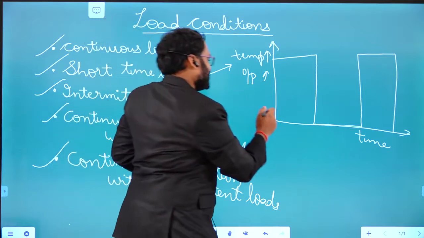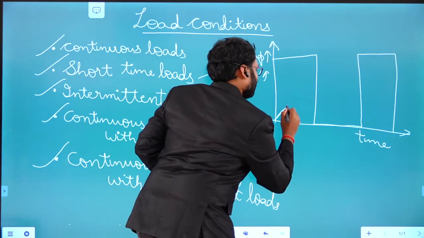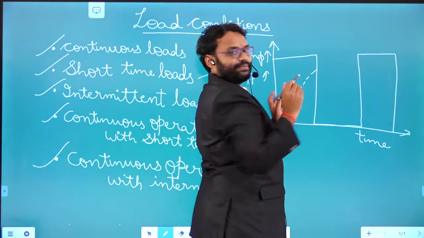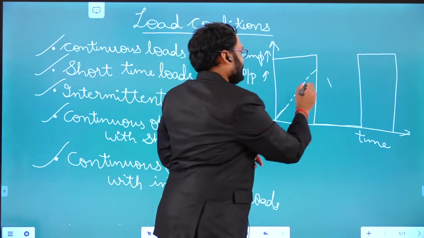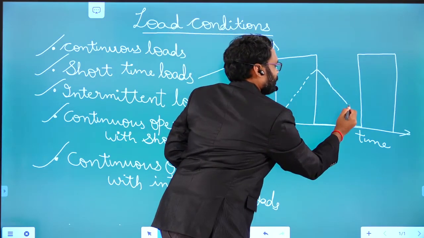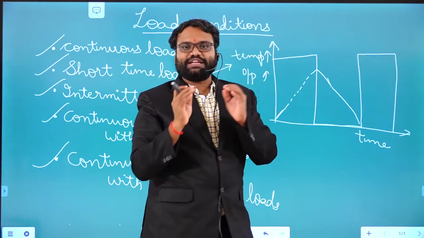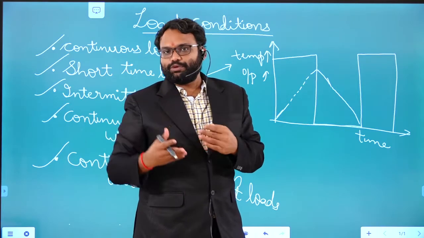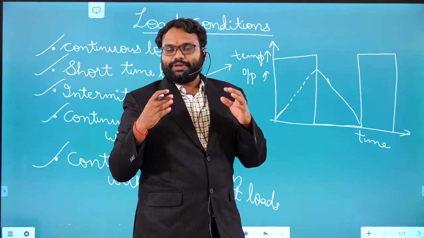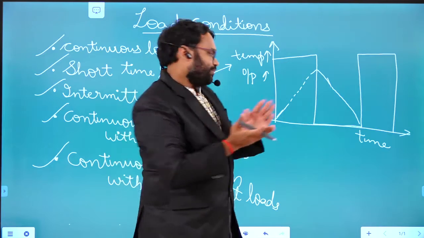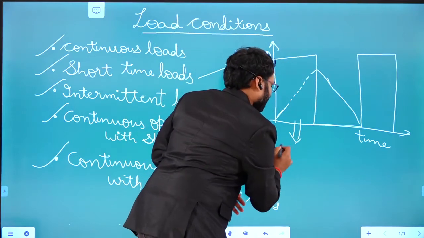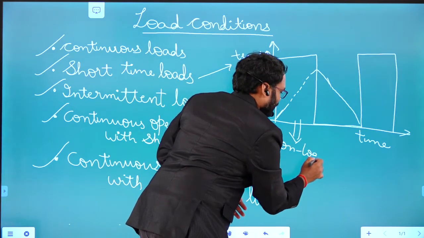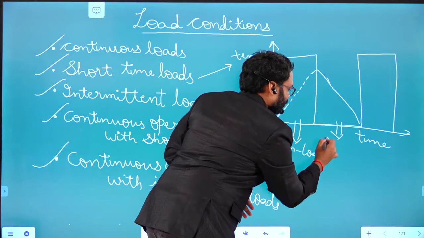When you see the load torque or output, the temperature rises. Whatever amount of heat has heated up the motor, based on the off load, suppose this will be the on load and this will be the off load.